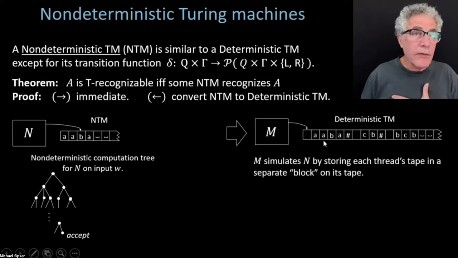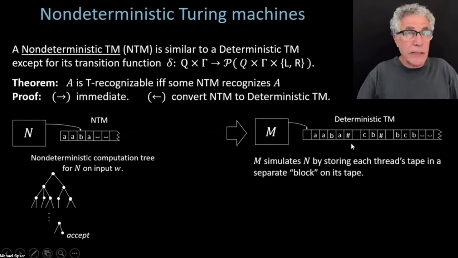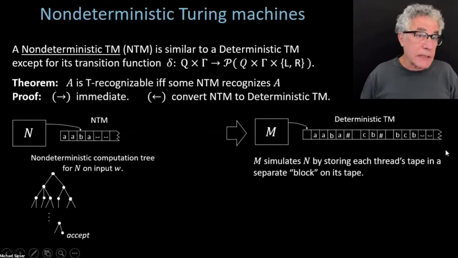So here we are populating those blocks with the contents of N's tape on different threads, maybe corresponding to N's tape after the 5th step of N, on each of those threads. You have these 3 possibilities, let's say, written down as 3 different blocks.